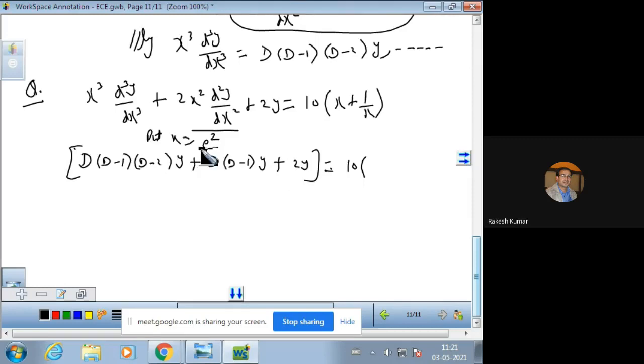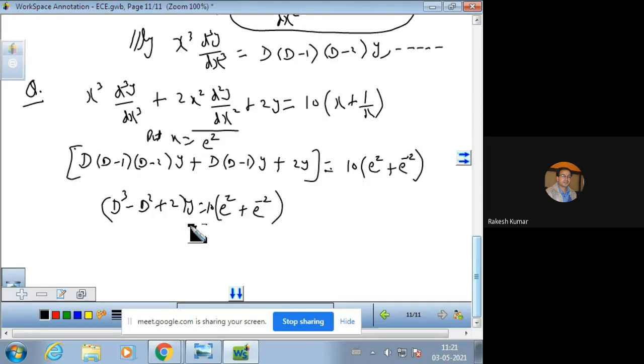And you know that x is equal to e raised to power z. And what will be 1 over x? 1 over x will be e raised to power minus z. So y can be taken common. Just see, y is common, and you will have D³ minus D² plus 2 into y is equal to e raised to power z plus e raised to power minus z.